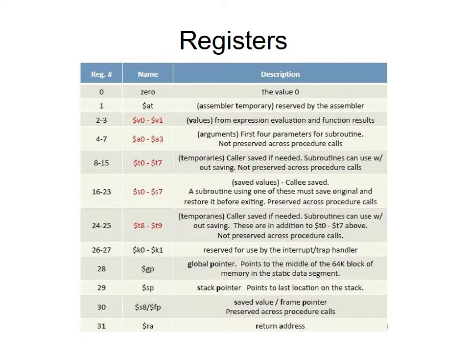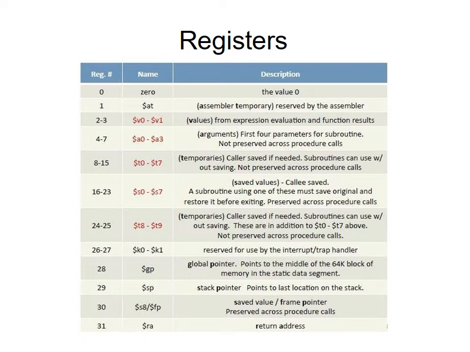And then 26 to 27 are named $K0 to $K1, reserved for use by the interrupt or trap handler. Then 28 is named $GP, the global pointer. It points to the middle of a 64K block of memory in the static data segment.